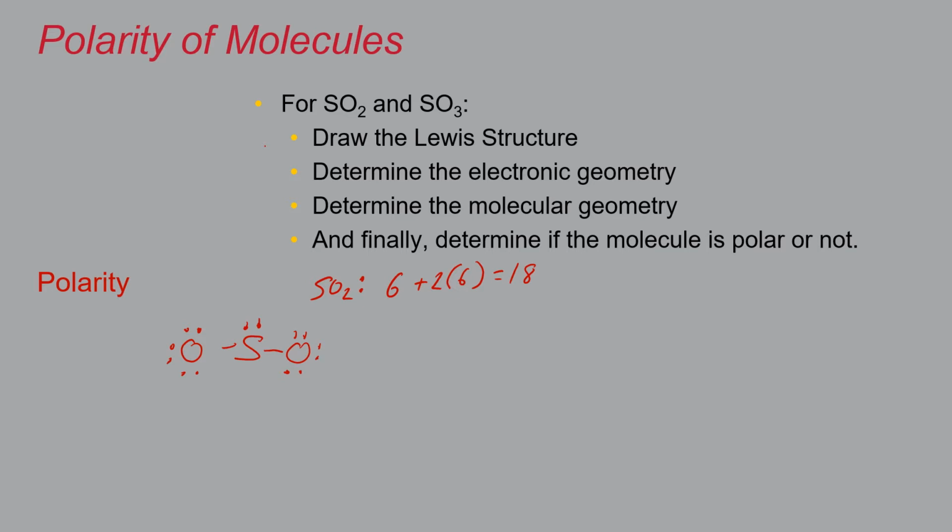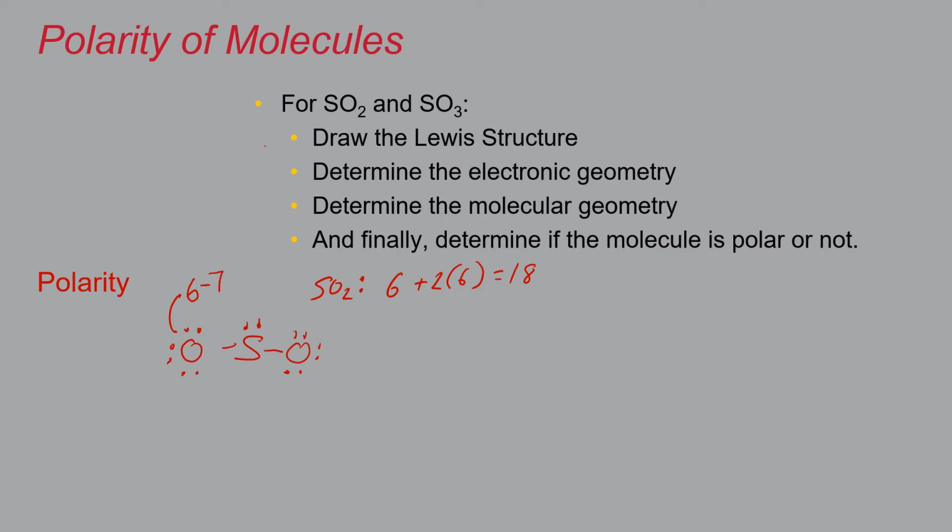So let's analyze this structure. From an octet standpoint, the oxygens are good, but the sulfur isn't. And let's talk about the formal charges. For this oxygen right here, oxygen has normally 6 valence electrons.